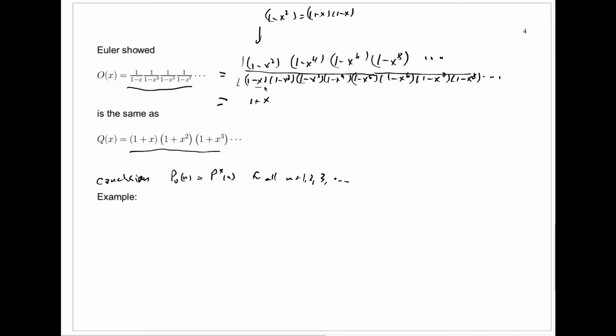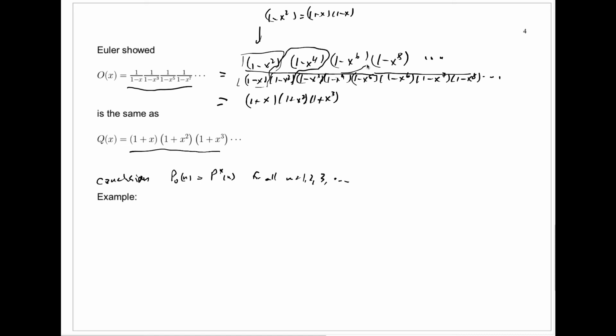That's when I look at this quotient, I get the 1 plus x. Look at this quotient, 1 minus x to the fourth over 1 minus x squared. Well, that's exactly 1 plus x squared. That's this piece here. Look at this next quotient, 1 minus x to the sixth over 1 minus x cubed. That's just 1 plus x cubed.